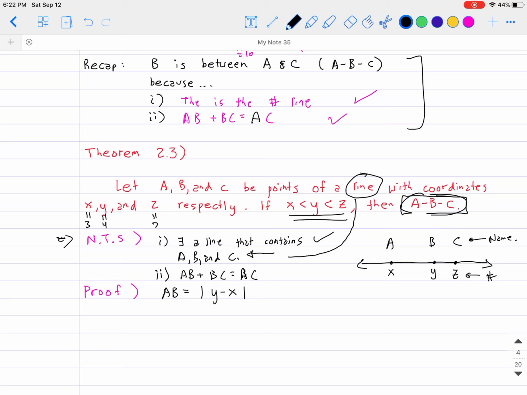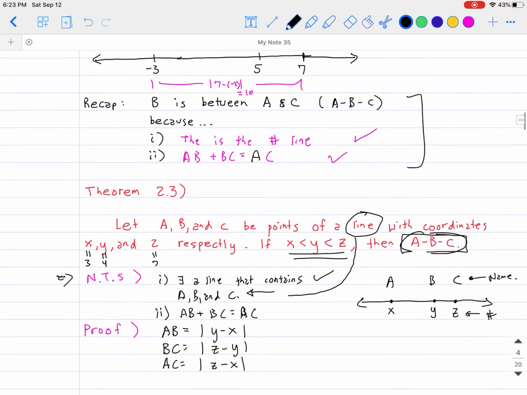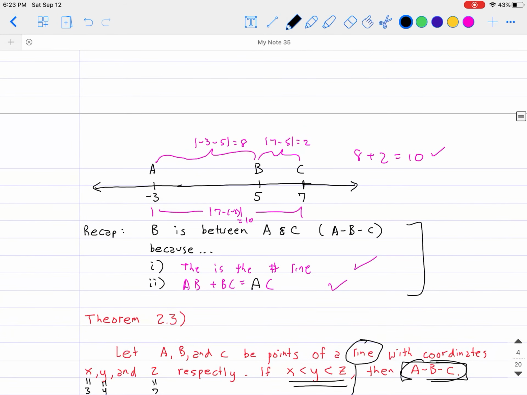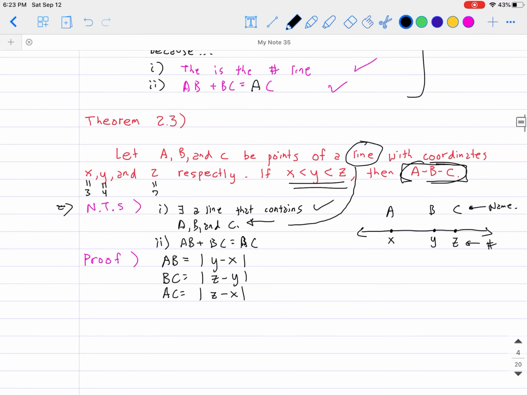So that means I'm going to have Y minus X in this case. Then I'm going to solve for BC, and I am going to have Z minus Y in this case. And finally, I am going to solve for AC, which is going to be Z minus X in this case. So this is basically using the same thing as what I did over here on the number line with the numerical values, except I'm just using variables.